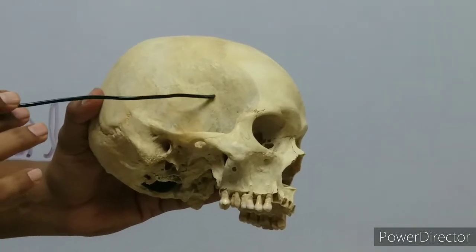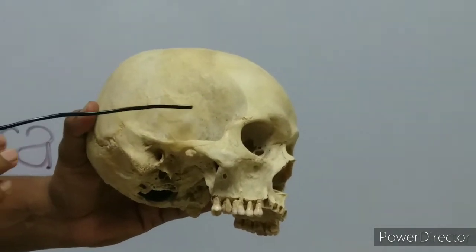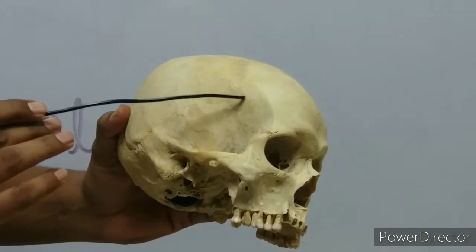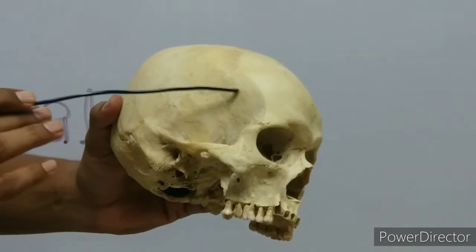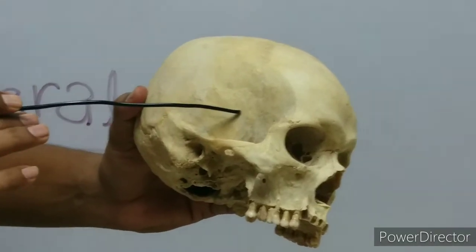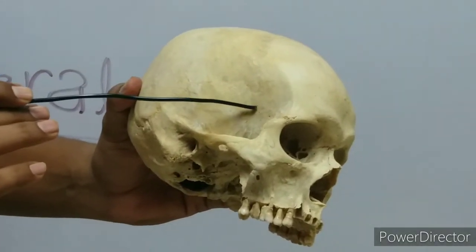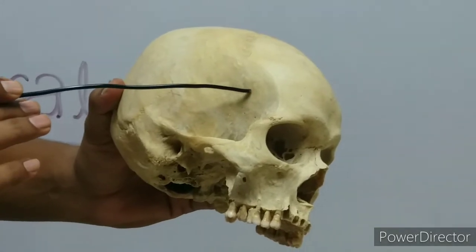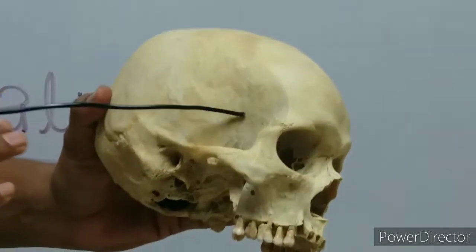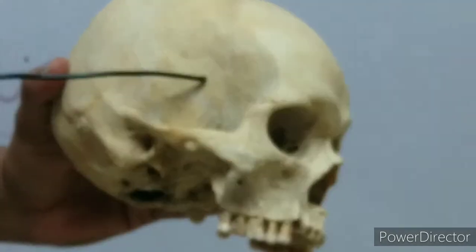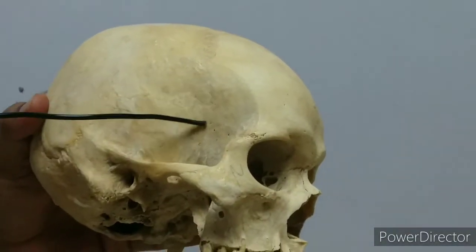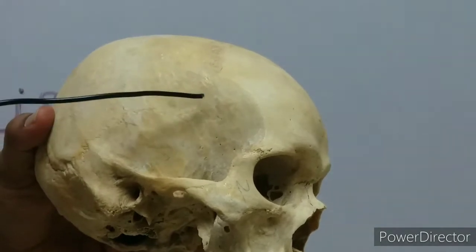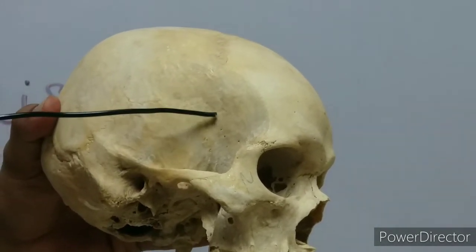What is the importance of the pterion? Three important structures are present deep to the pterion. First is the middle meningeal vein, second is the anterior division of the middle meningeal artery, and third is the stem of the lateral sulcus of the brain, also called the Sylvian point.